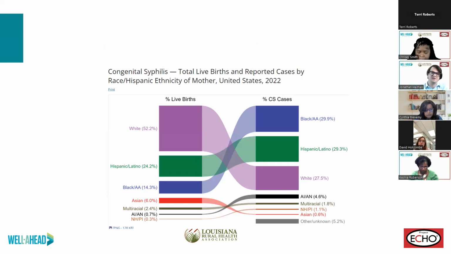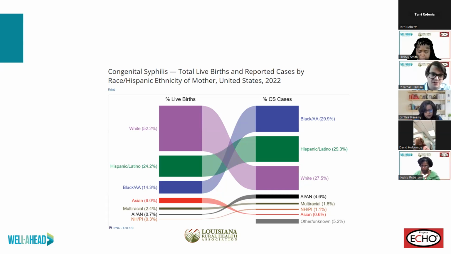All right, and then I just thought this was a neat and helpful graphic here. So this is, in the United States, congenital syphilis rates for 2022 broken down by race and ethnicity.